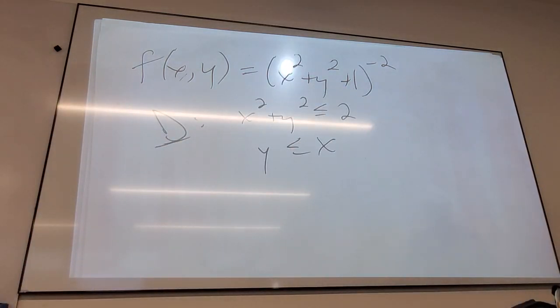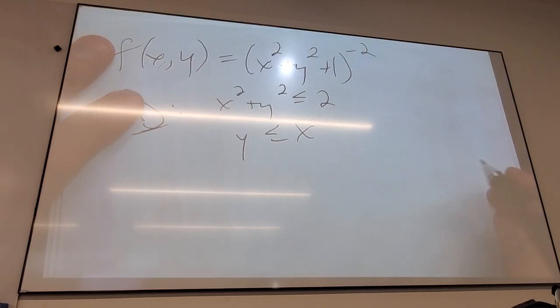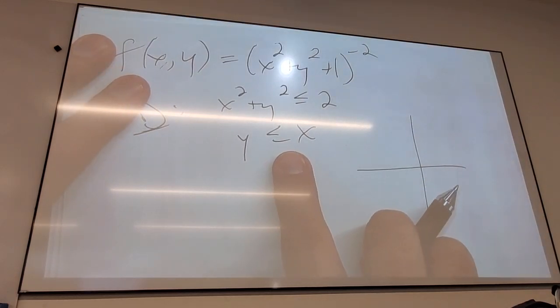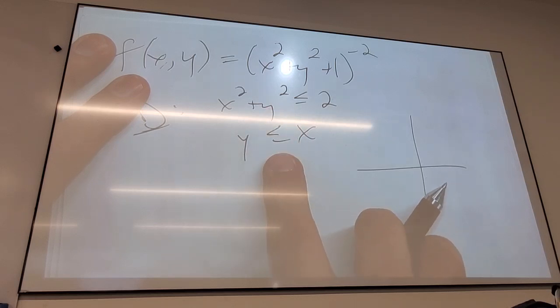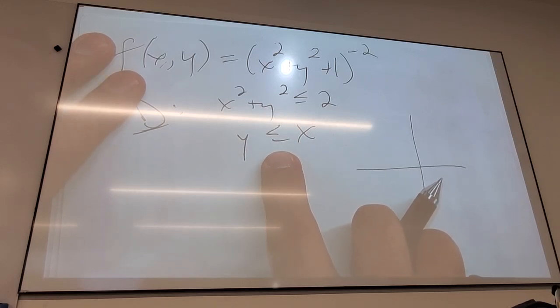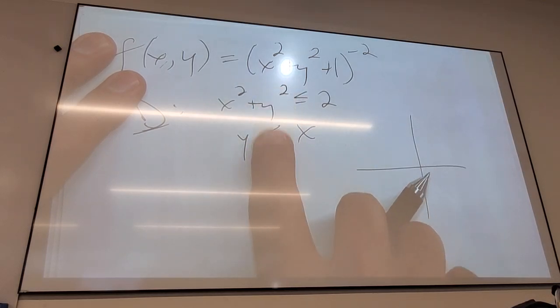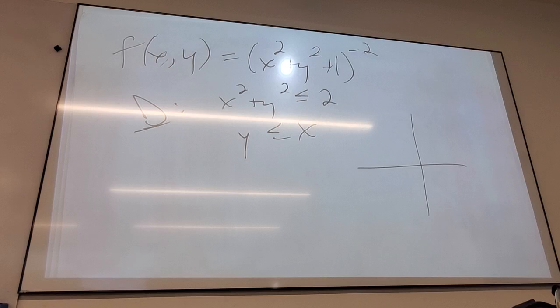As you're drawing this, you start to realize something else you should do. What should I do algebraically? Figure out where these two things intersect, because that's going to be where it's contained.